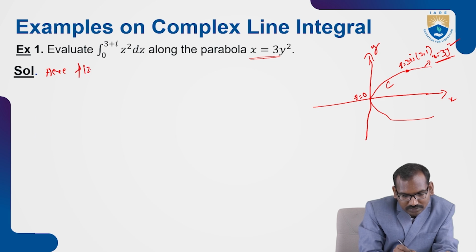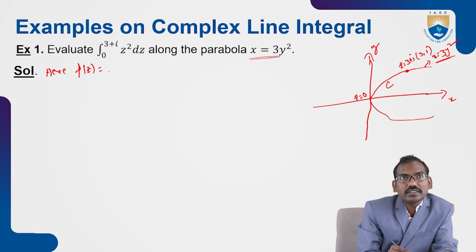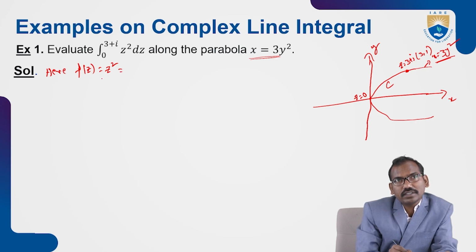The complex function, denoted as function of z, is z square. We know the complex variable z can be written as x plus iy, in terms of real and imaginary parts. So (x plus iy) whole square, because it is z square.